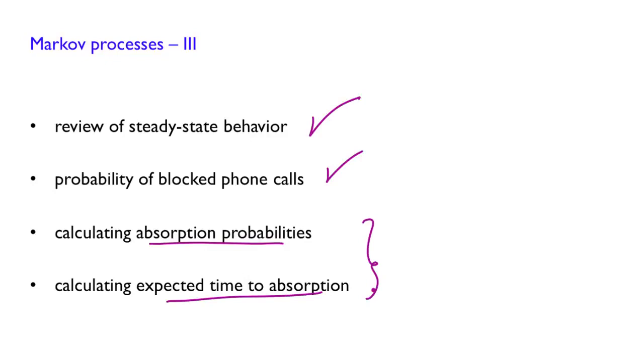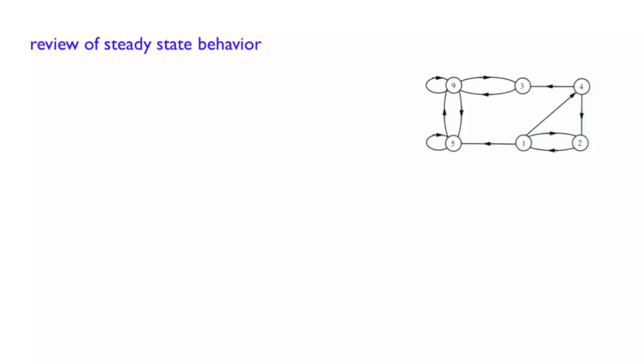So let us start. Let us first review the steady-state behavior of Markov chains. Consider again the following example. This chain has some recurrent states, some transient states, and a single recurrent class. For example, state 9 is recurrent, state 3 is recurrent, state 5 is recurrent. And why are they recurrent?